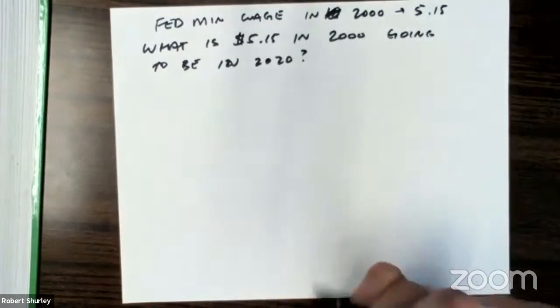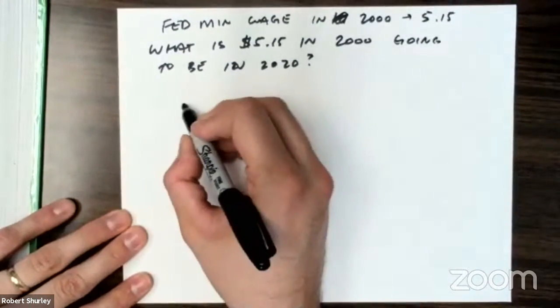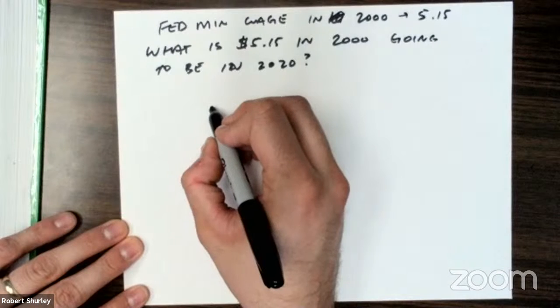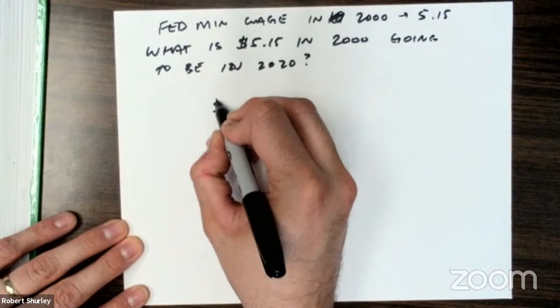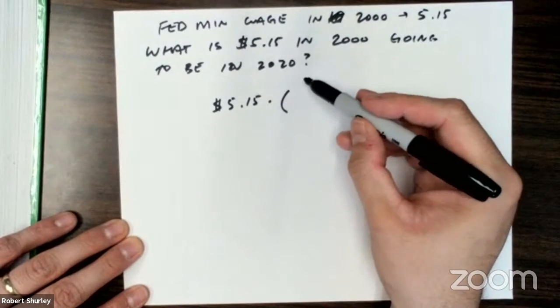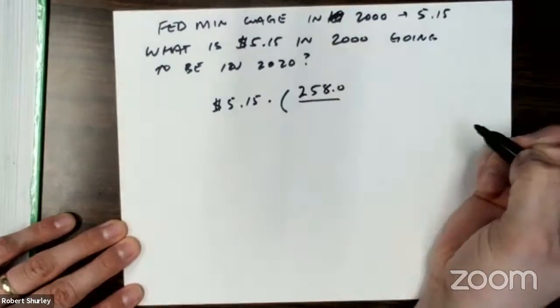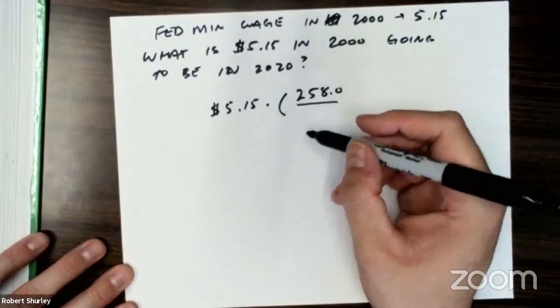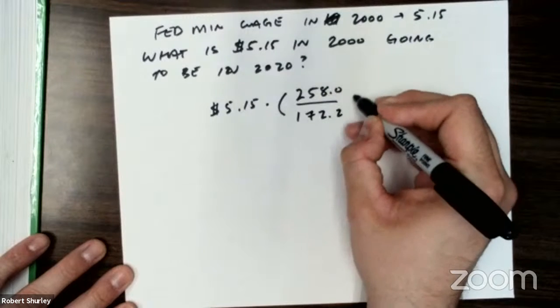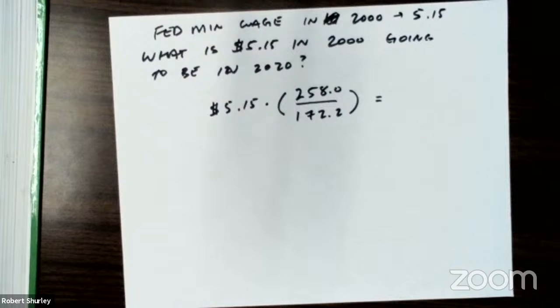So I'm going to use the same numbers. The price in 2020, what we're looking for, is going to be equal to 5.15 times the CPI for 2020, which we said was 258.0, from the last example, divided by the CPI in 2000, which was 172.2. So this winds up being 5.15 times 258 divided by 172.2.